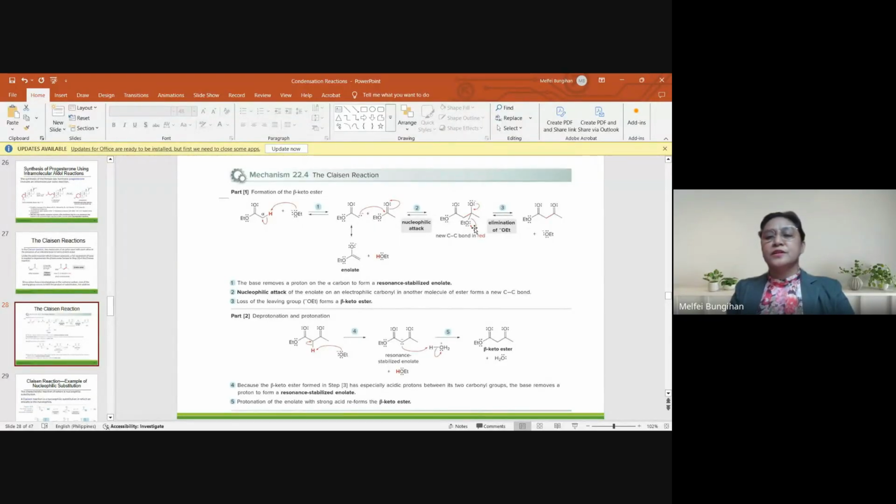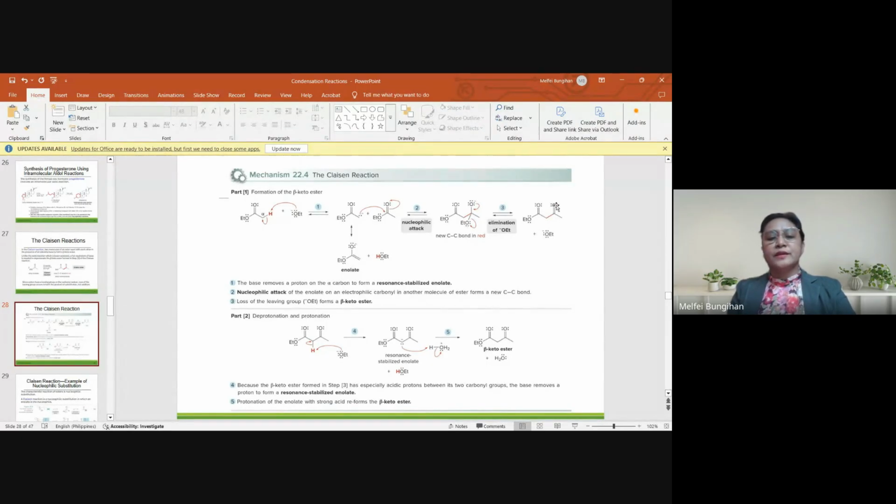Okay, so there is an elimination of the alcohol moiety of the ester. How does it become eliminated? When the lone pairs in your alcohol go back to its carbon, then you form your beta keto ester.